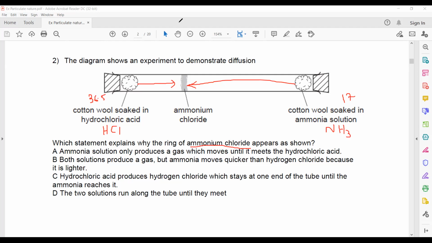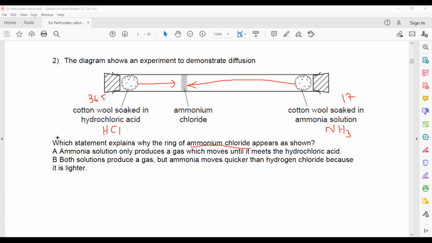What is the right answer for question 2? I will remove 2 of the totally wrong answers. So what could be the right answer here?